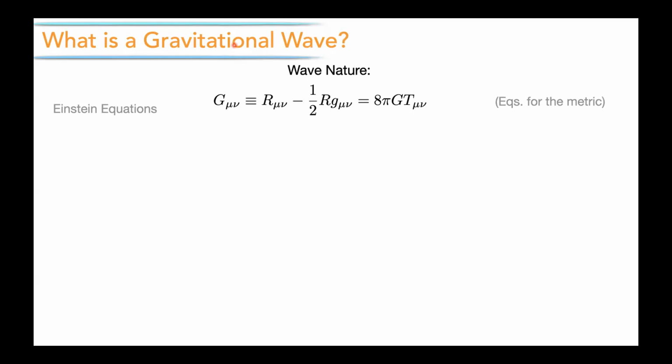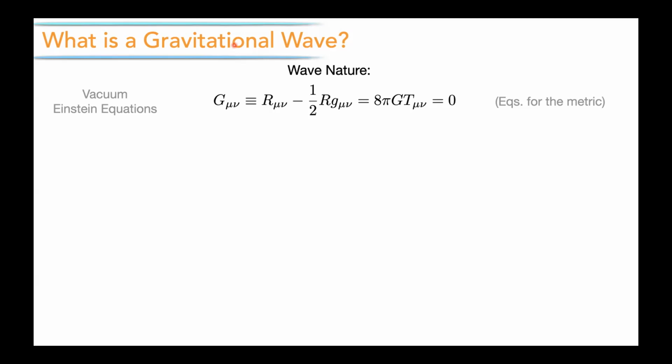And so, unfortunately, this isn't a review on GR, but we're going to start here with the results of GR, general relativity, and ask how do gravitational waves come out of this theory and these field equations. Well, the easiest thing to do first is to simplify this and say that the right-hand side is 0 and work in a vacuum, essentially.